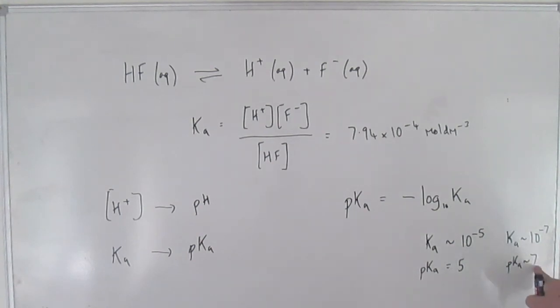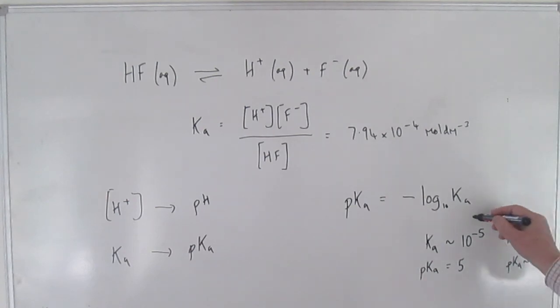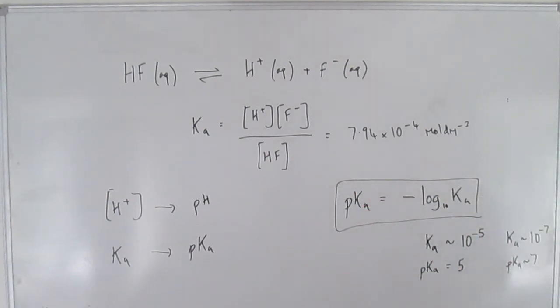Okay, so a bigger value of pKa corresponds to a smaller value of Ka, and therefore a weaker acid. So qualitatively it's kind of important to be aware of that. Mainly you just need to know the definition and be able to use it in calculations.